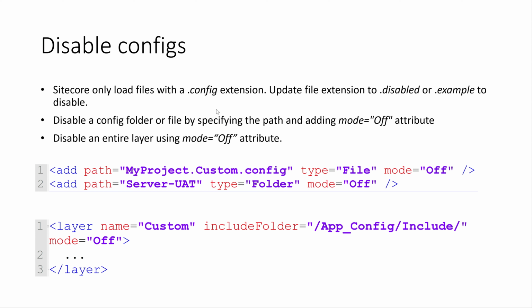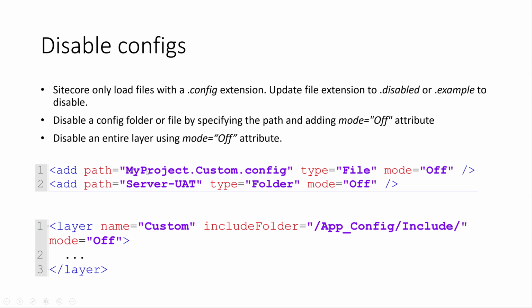You can just go to the particular file and change the extension from .config to .disabled or .example, or whatever, and it gets disabled. But there are some advantages to disabling in other ways: you can disable a whole folder or a particular file by going to the layers config and changing this.